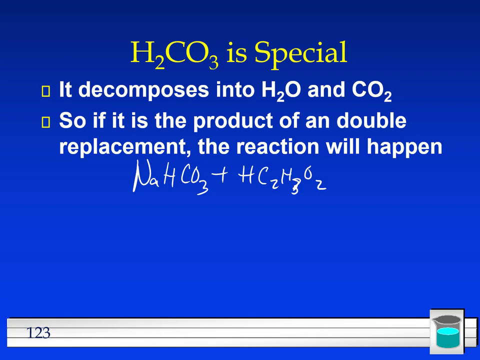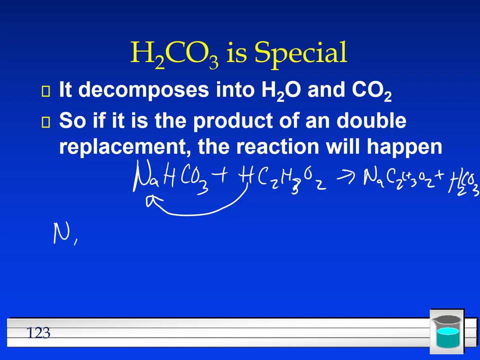Everybody see it's double replacement? Ionic and ionic. So sodium and H are going to change place. So the sodium will end up next to acetate, and the H will end up next to HCO3, which makes H2CO3. That make sense?